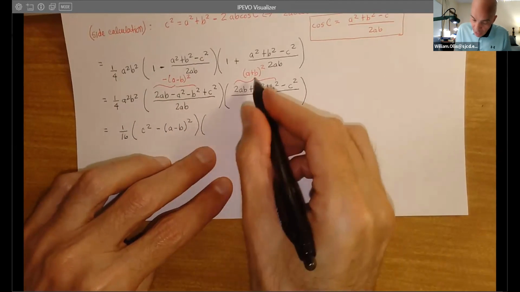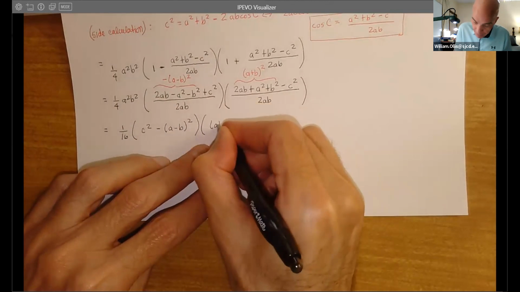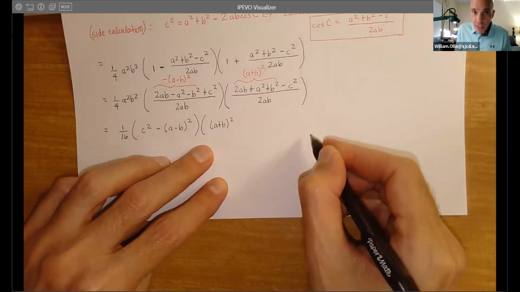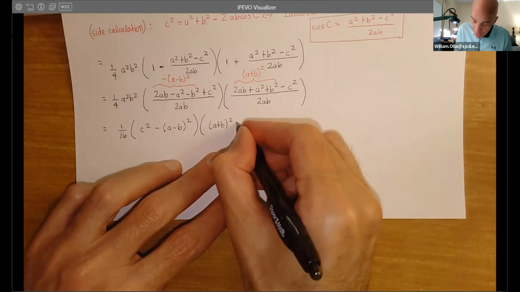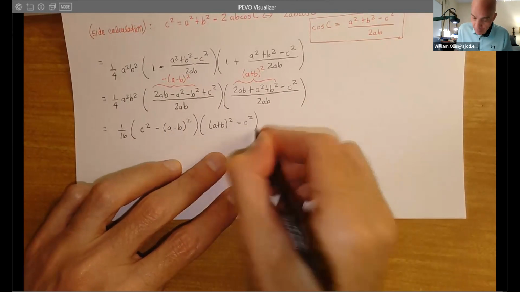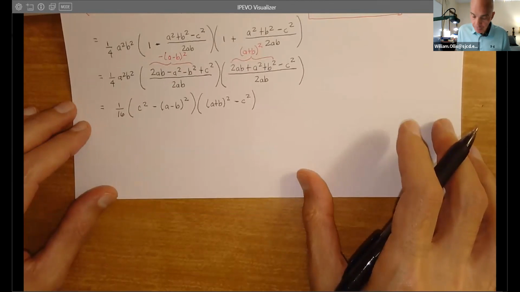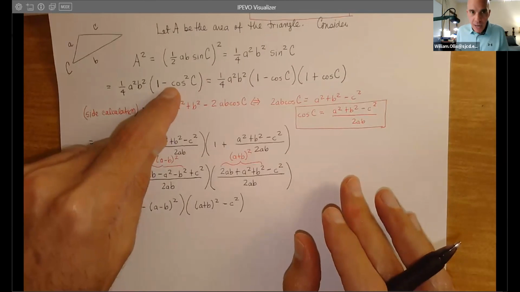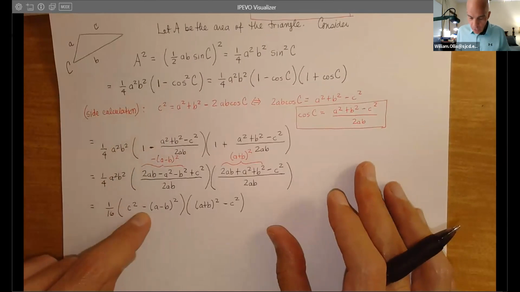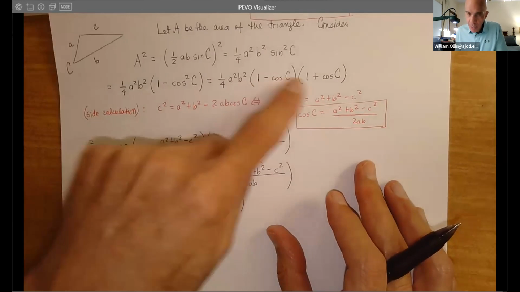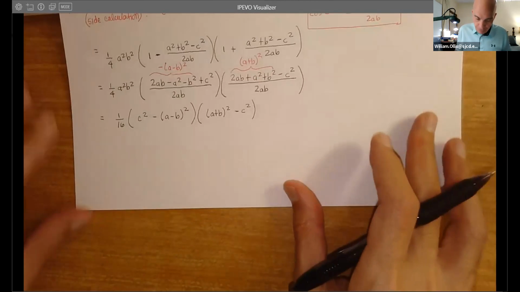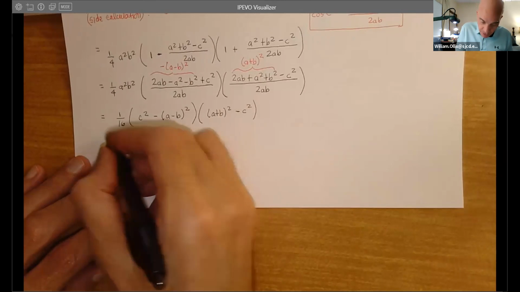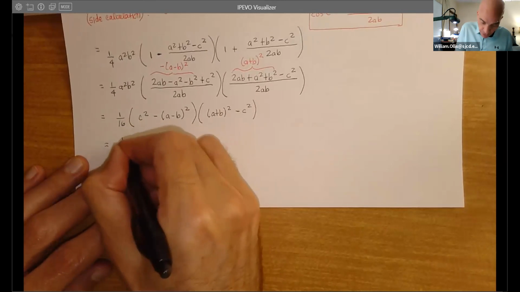And then here we have a plus b quantity squared minus c squared. So now, just like we had here, we have a difference of squares here and here. So we're going to factor just like we did here. So now this gives us 1/16.